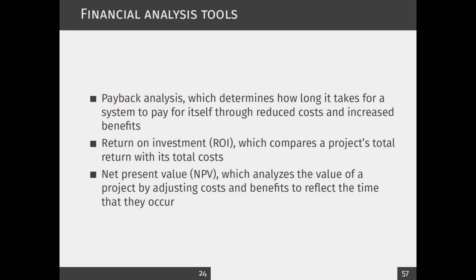The last one we call net present value, NPV. Now we know that when you develop software, initially you have to spend some money, and over the years also you have to spend some money, for maintenance, for example. Similarly, benefits will get added every year. So we will see the curve.